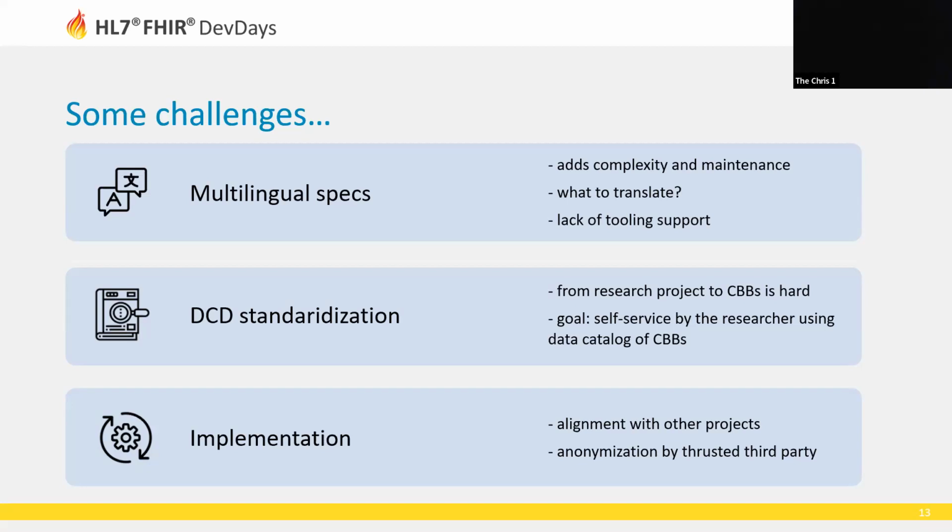And the whole goal is to have something there where researchers themselves can just have a catalog and click, okay, I want this, this, and this information based on those building blocks. And then the whole process of creating the data collection definition and the exchange should be made very quickly. And lastly, for the implementation part, it's hard to align with other projects.